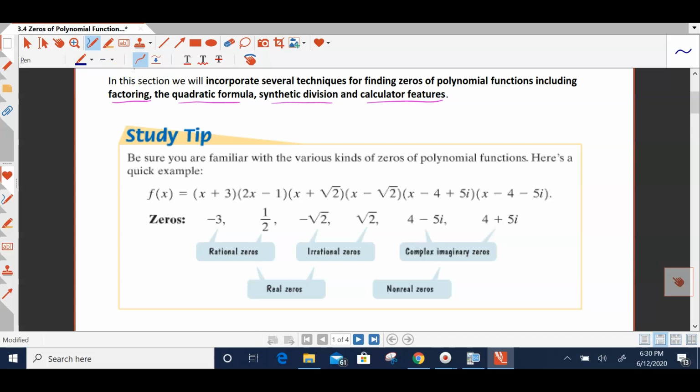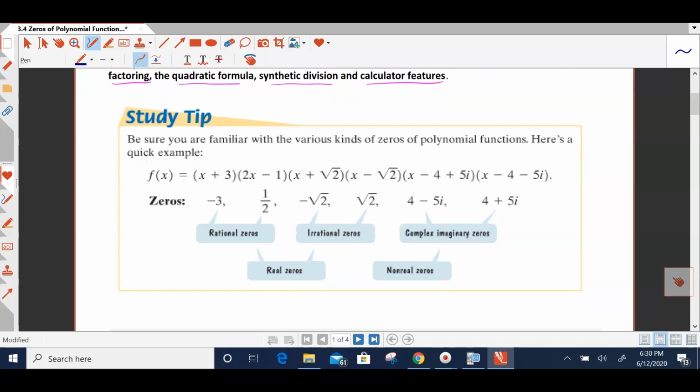So here's some important information when we talk about finding all the zeros. In this section, we're going to work on finding those that are real and those that are imaginary, those that have an i, complex numbers.